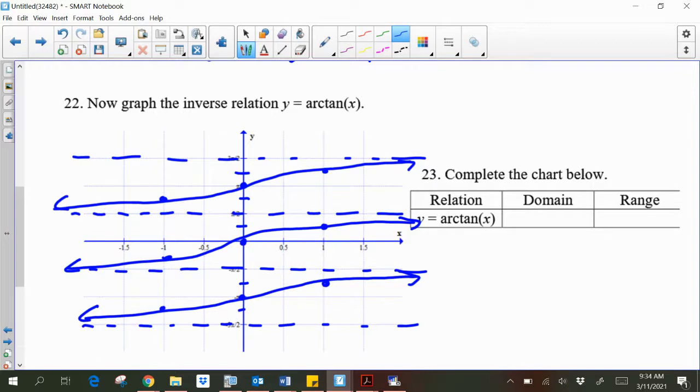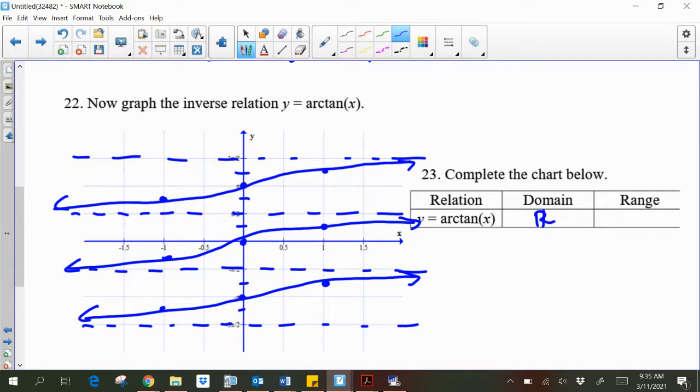I'm really bad at drawing the curve sideways, especially. So now the domain is all real numbers, because you can use whatever x value you'd like.